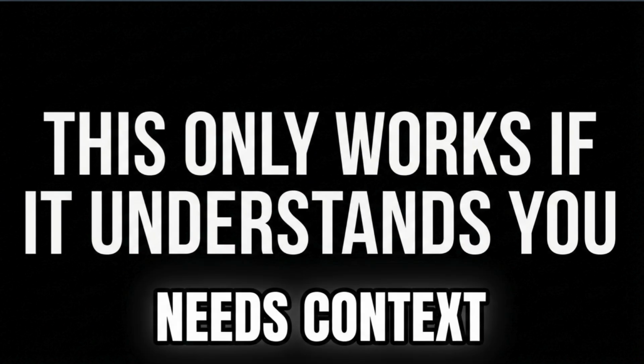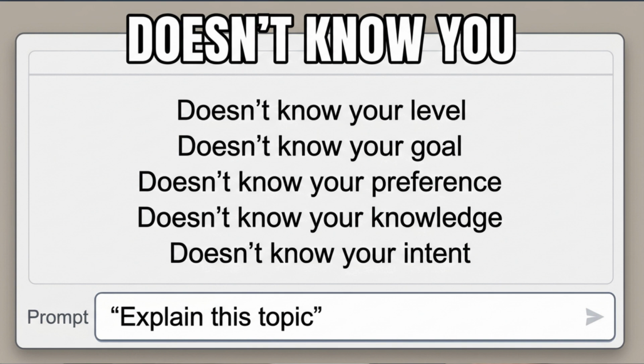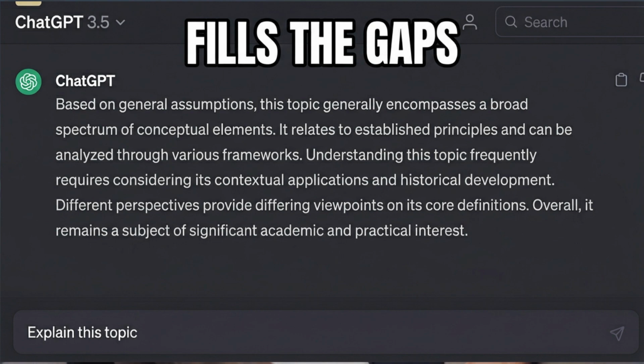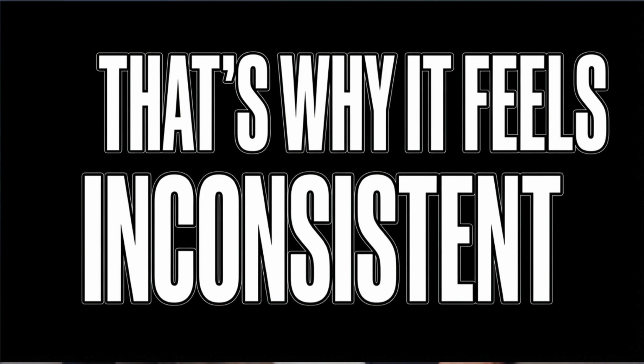That only works if the tool already understands you. And ChatGPT doesn't. It doesn't know how you like things explained, how simple you need it, what you already understand, what you don't, what tone you prefer, what you're trying to achieve. So when you give it a short input, it fills in the gaps, and sometimes it guesses right, sometimes it doesn't. That's why it feels inconsistent.